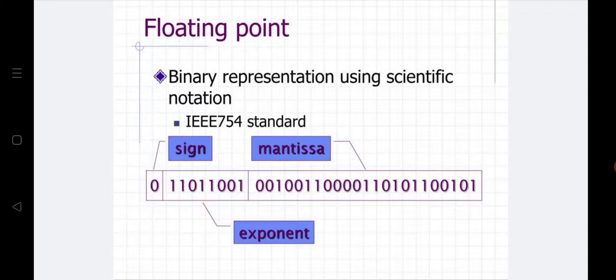So first one bit for your sign bit, next few bits for your exponent, and the next few bits for your mantissa. Now in the sign bit, if I write a 0 over there, then it means it is a positive number. If I write a 1 over there, then it will be treated as a negative number. Exponent and mantissa depend upon the number which I want to represent, and we are going to write them accordingly.